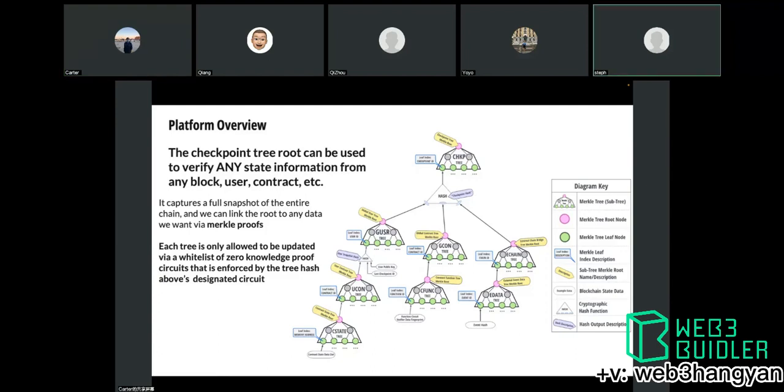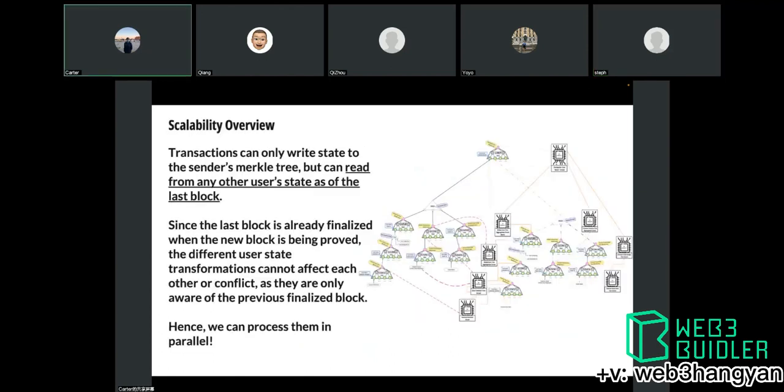So most of these, the subtrees in these pictures, maybe 80% are not changed for each block from the previous block. I want to be clear: if there's a contract function deployment, then the global contract tree gets updated.